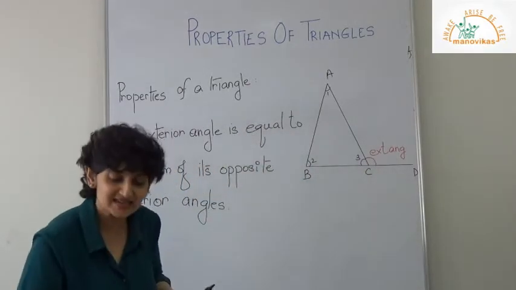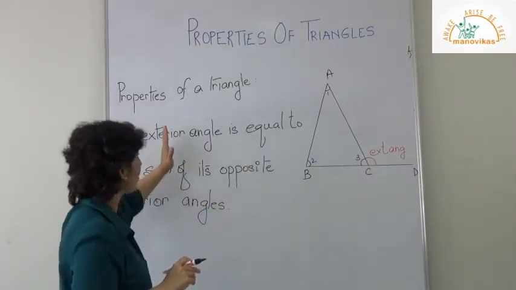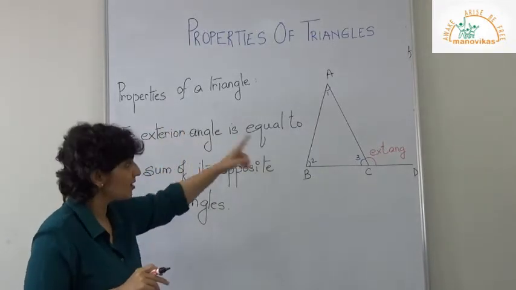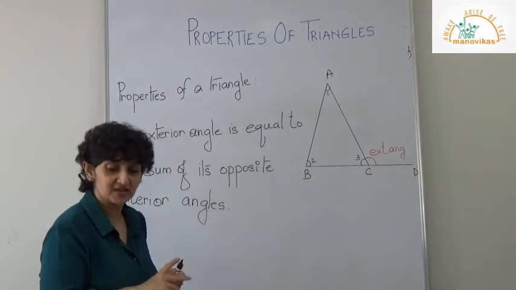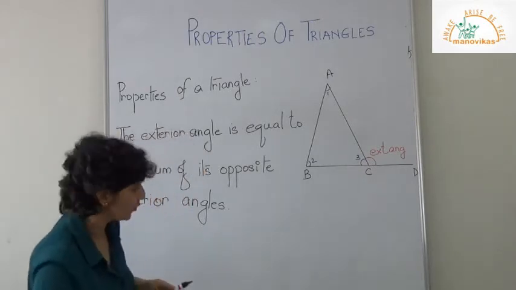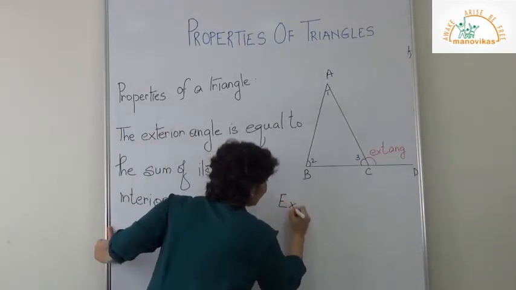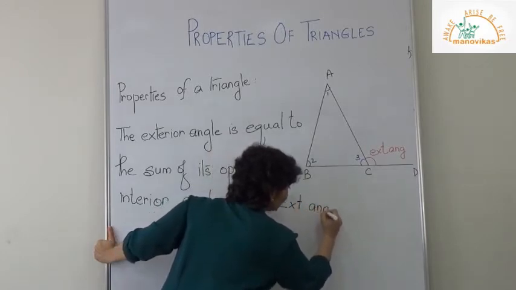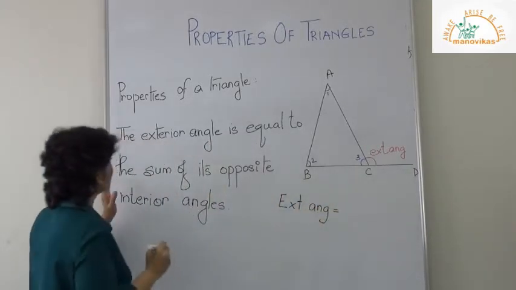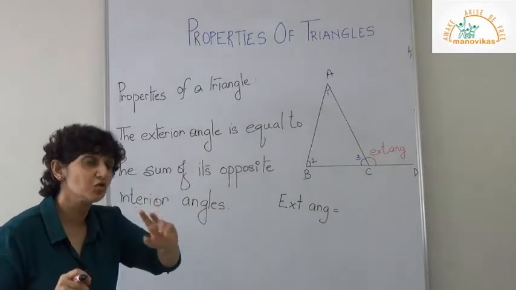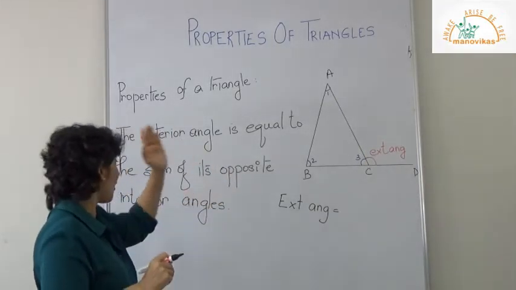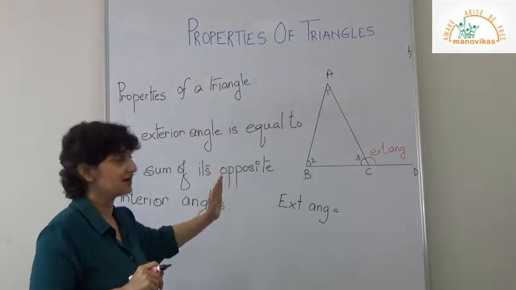These are your interior angles, and according to this property, the exterior angle is equal to the sum of its opposite interior angles.